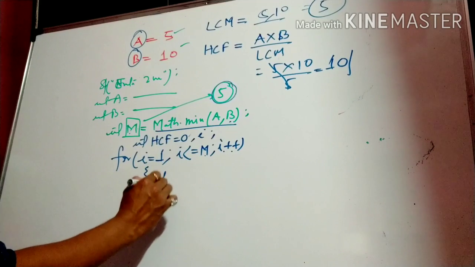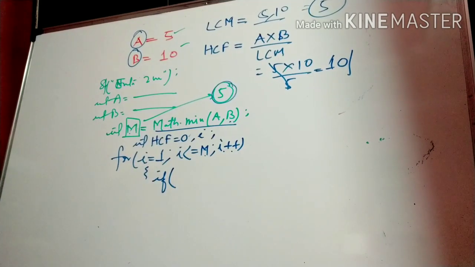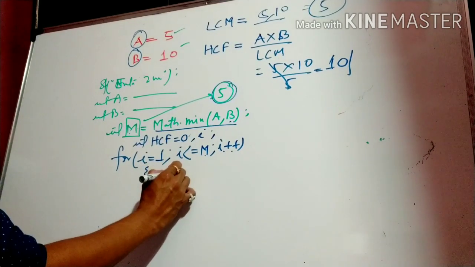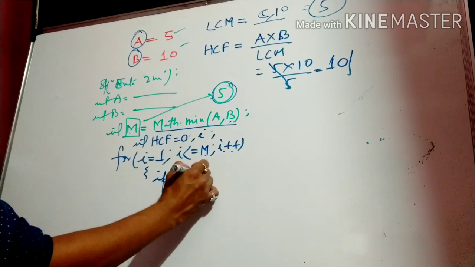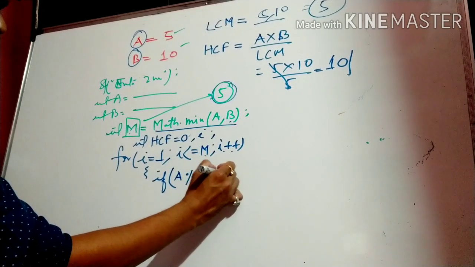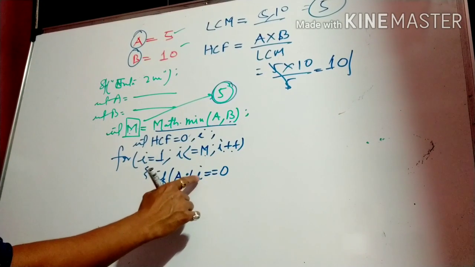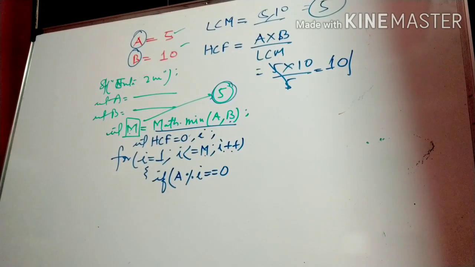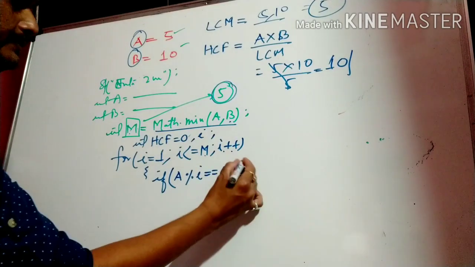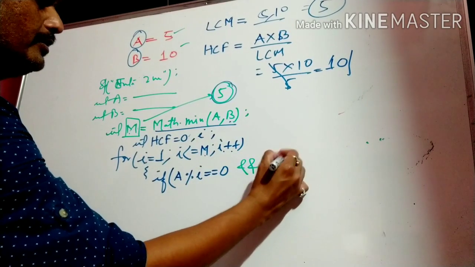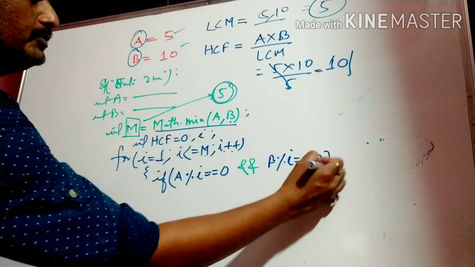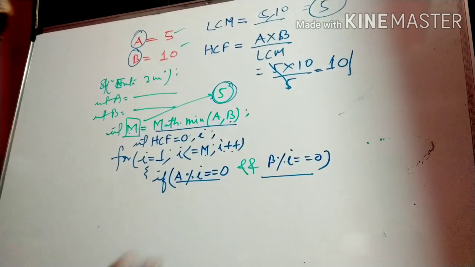Here you write if A modulus I is equal to 0 and B modulus I is equal to 0, means both the conditions must be true.